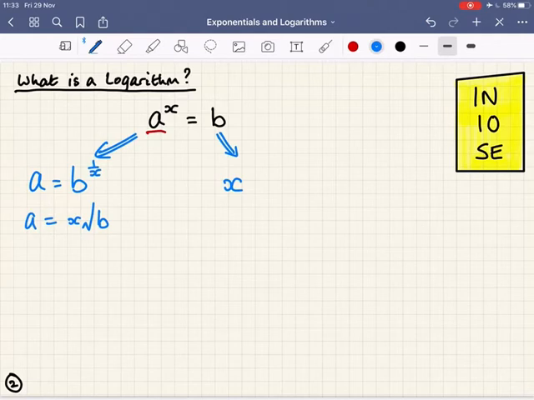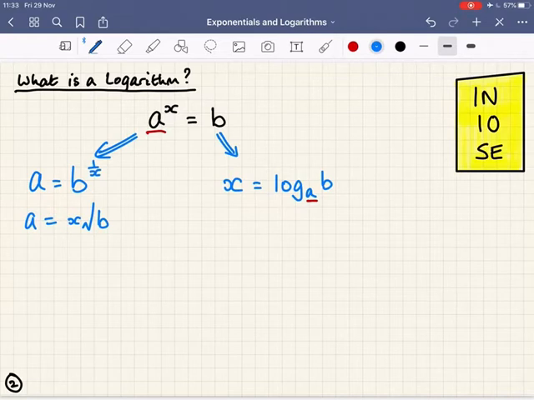Well, when we want to find the value of the exponent, x, we have to take a log to base a, the same base that we had before, of b. In other words, we're saying, what did I have to raise a to the power of to get b? Well, the answer was x, because a to the x equals b.